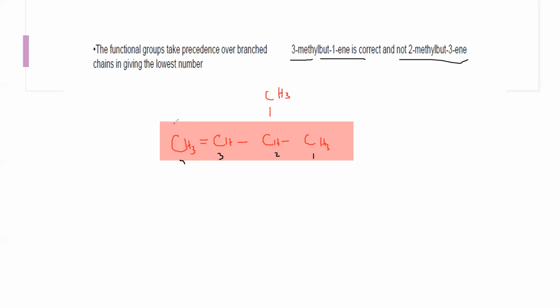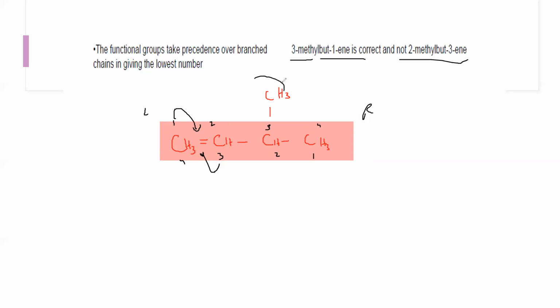But if I number from the left-hand side 1, 2, 3, 4, the functional group is coming at 1. So when there is a branch and a functional group, our numbering should be closer to the functional group. It's not about the branch. So we should always give priority to the functional group. That's why we follow numbering from left to right in this example.